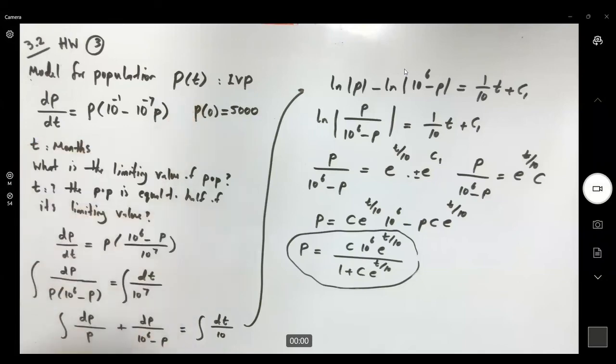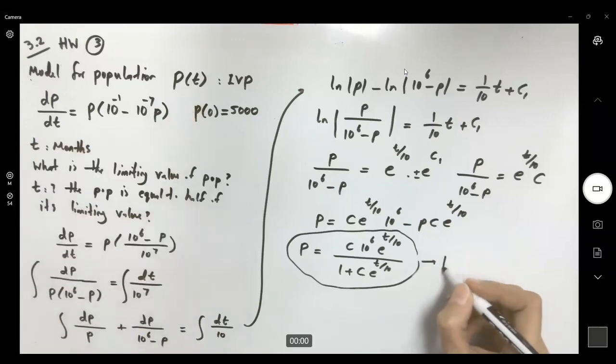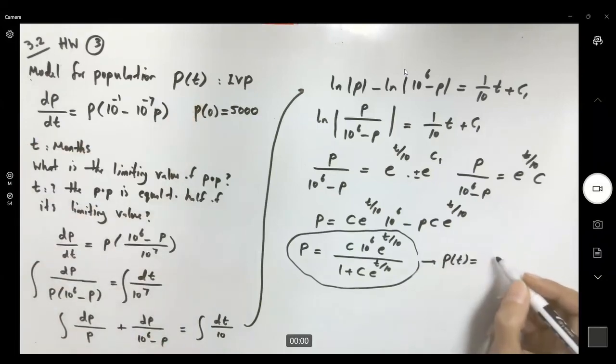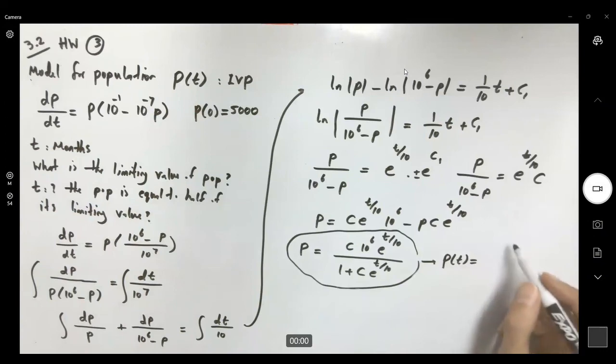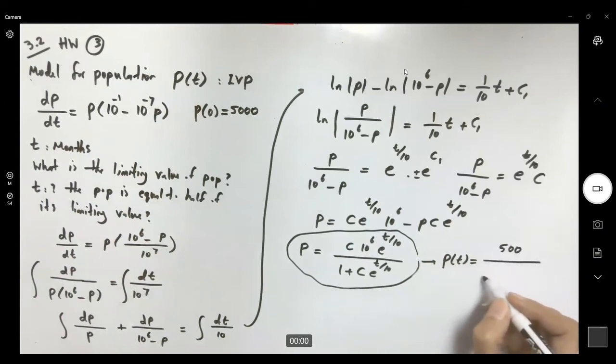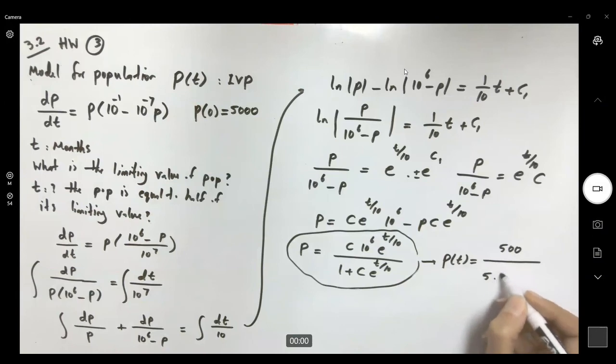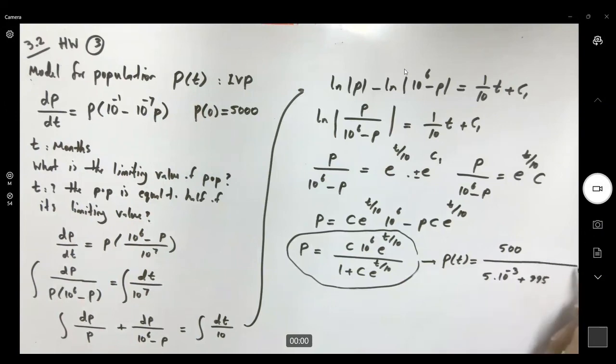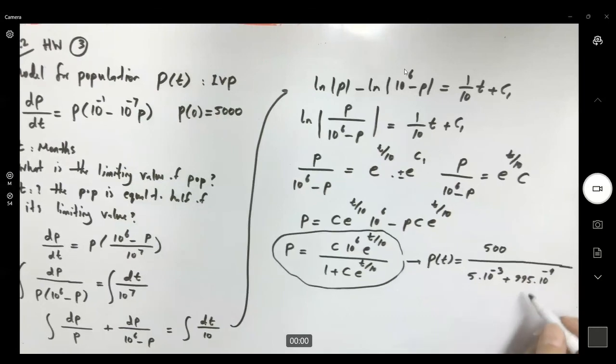So by solving the initial value problem, the model becomes P(t) equals 500 divided by (5 times 10 to the negative 3 plus 995 times 10 to the negative 4 times e to the power t divided by 10).